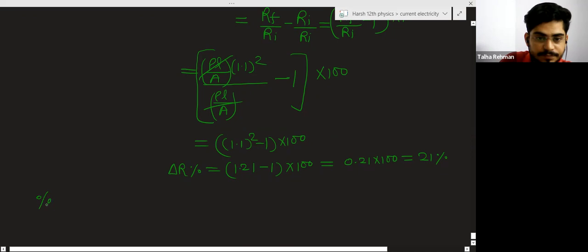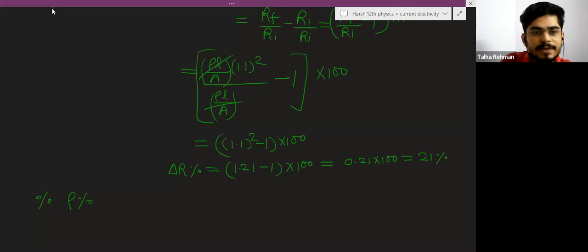But in the same way you can calculate the percentage change in resistivity. Resistivity percent you can write. This will be 0 because the material is not changing.